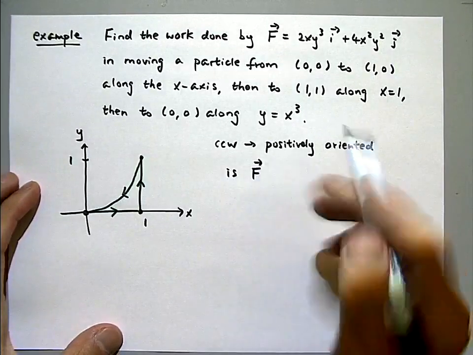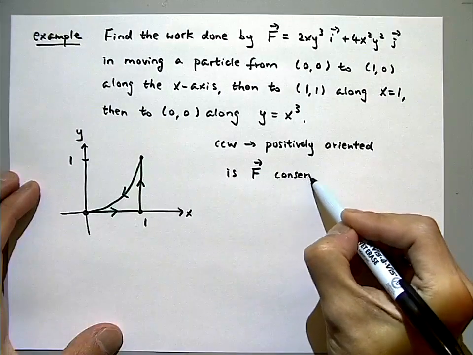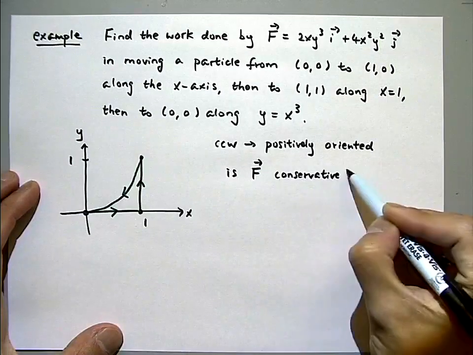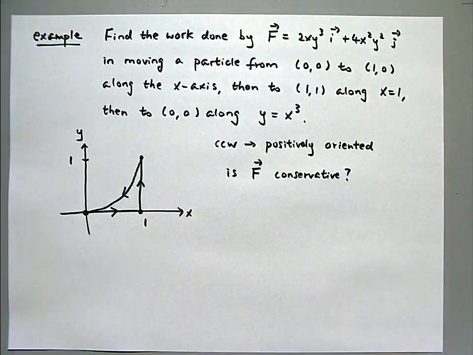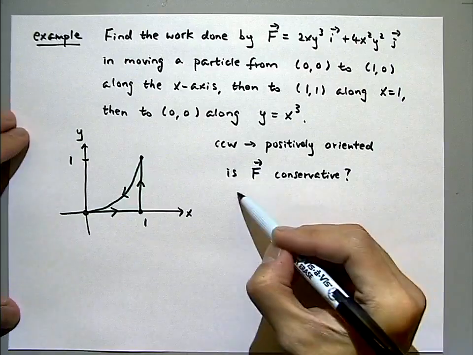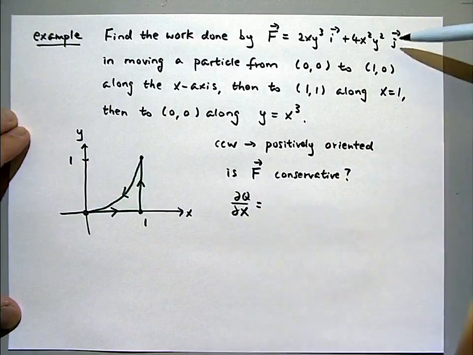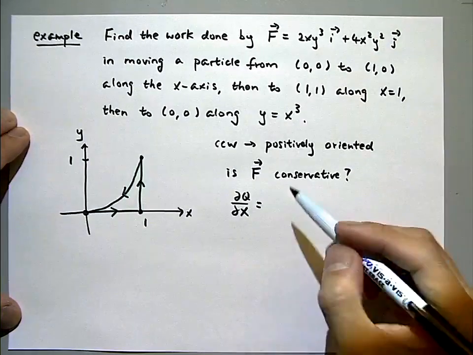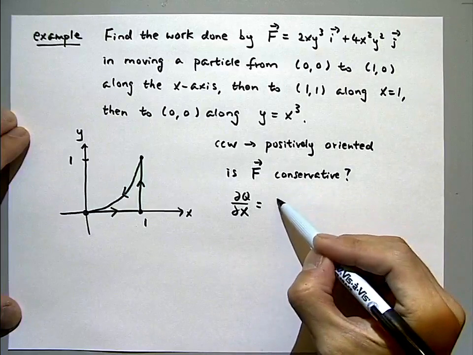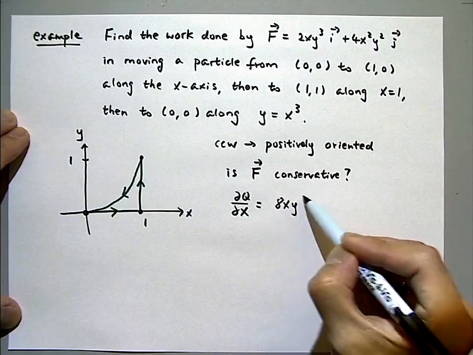First things first, we don't have to do anything if we know this is conservative, so let's check that. If it's conservative, the answer is 0, like we saw in the last example. If it's not, then we're going to have to use Green's theorem to calculate. So let's see. Partial Q, partial x. Q is the one attached to j, of course, is 8xy squared.